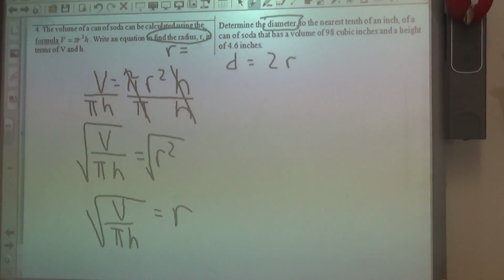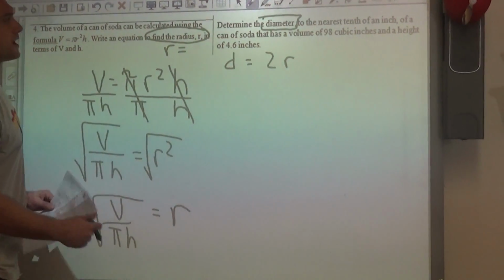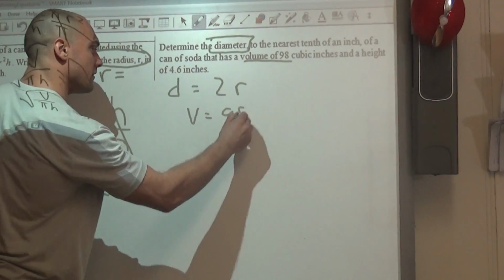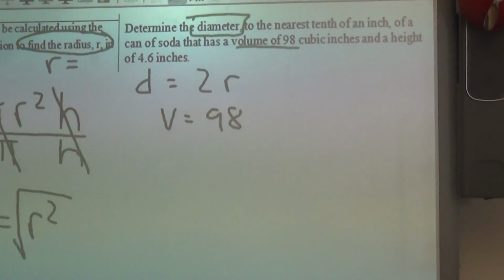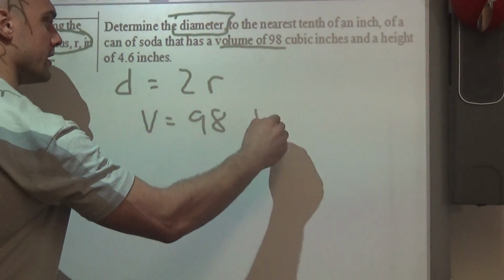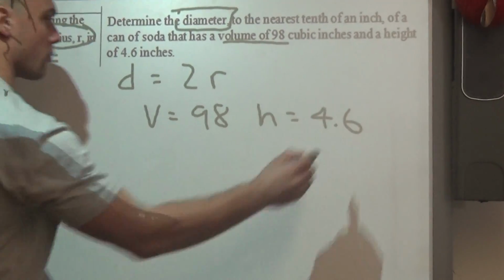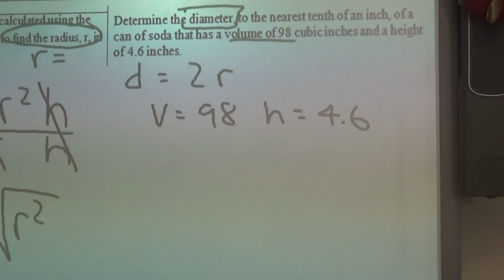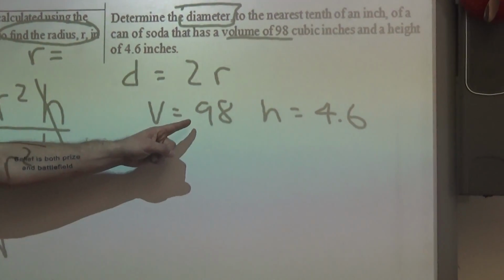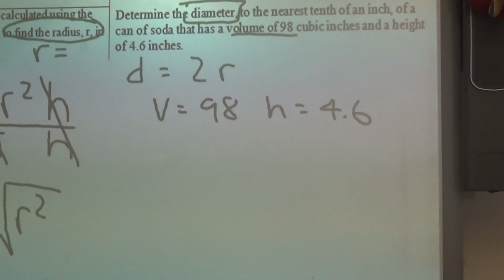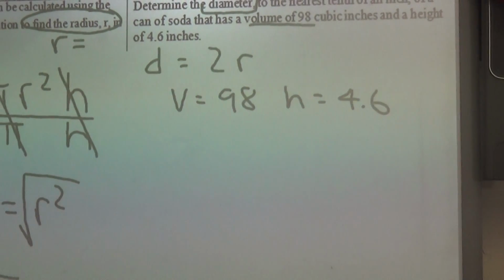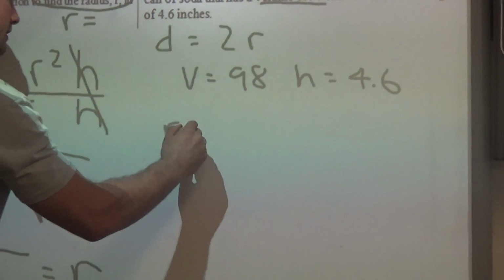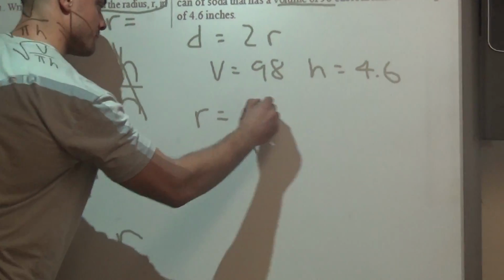Now, what other information do we have here? We have the volume is 98, and we have the height is 4.6. So I'm now going to take both of these values, volume and height, and plug them into the equation we just used. So we're going to have r equals.